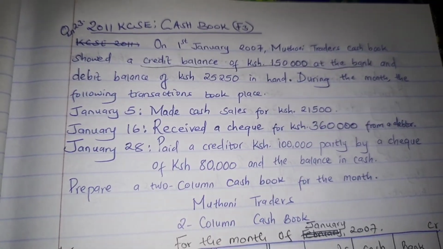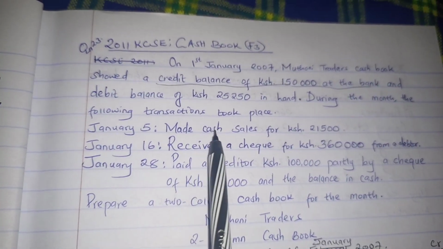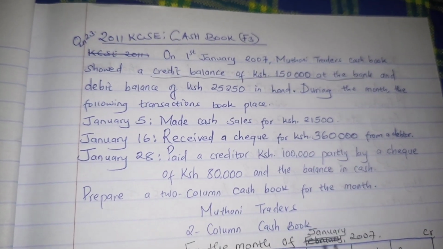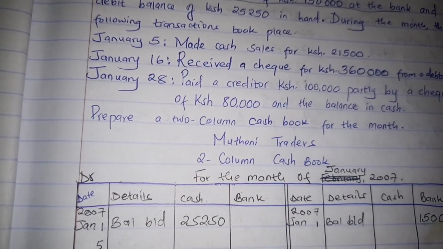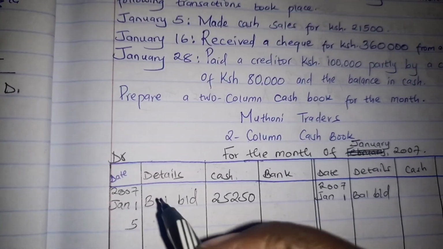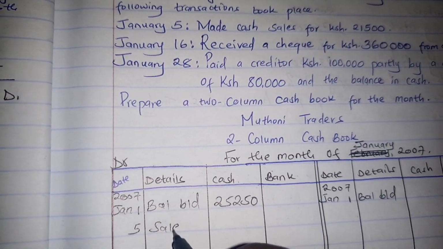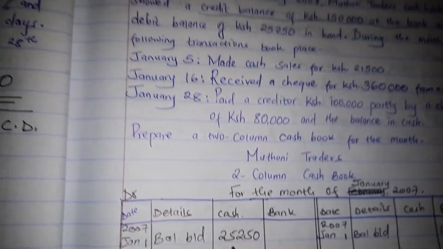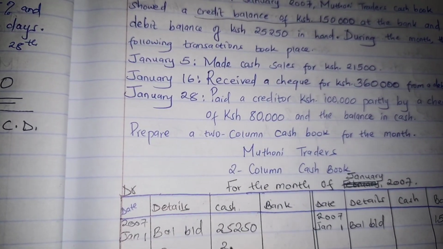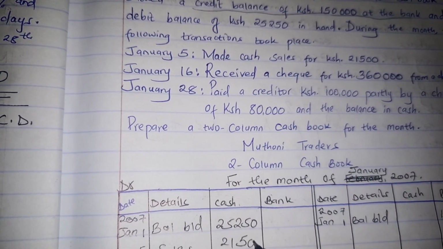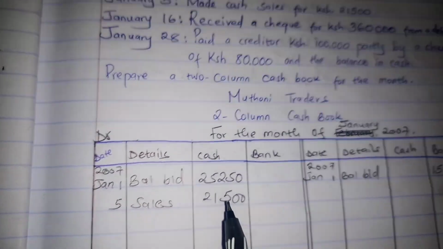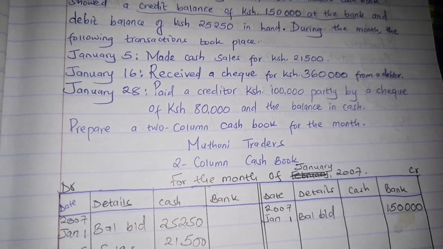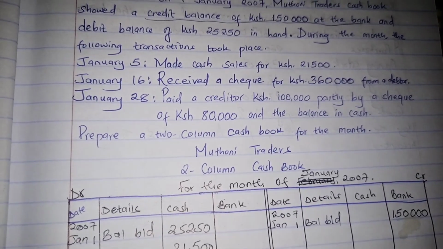So some cash was received from this cash sales, that is 21,500, date 5. We have January, date 5. Where did this money come from? The sales. How much was it? It was 21,500. Yes, you record where this money came from, the sales.